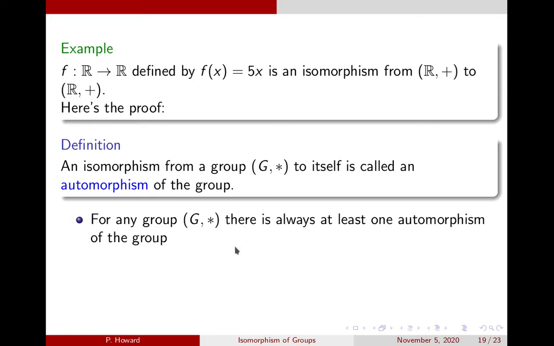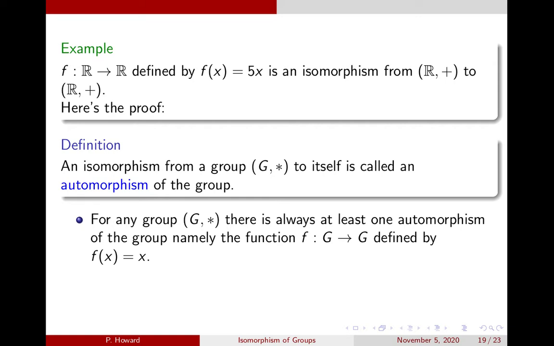Second observation: for any group G, star, there is always at least one automorphism of the group. In other words, there's always at least one isomorphism from the group to itself. The identity function, the function defined by f of x equals x, will always be an automorphism of a group, for any group.